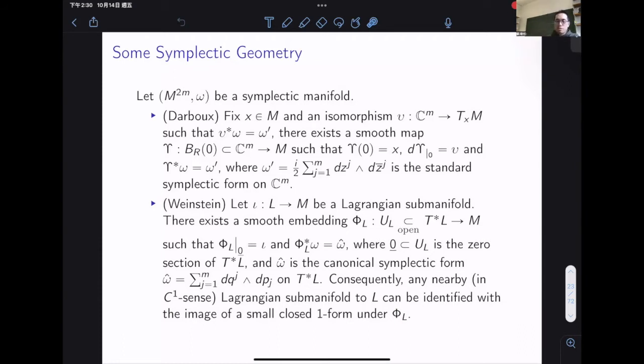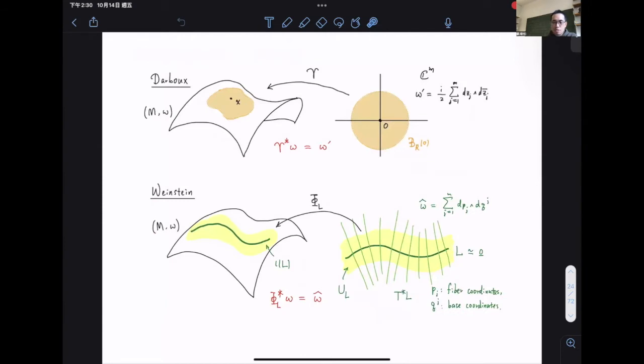Basically, you can identify the nearby Lagrangian submanifold as the graph of a closed one-form over L. This is the picture illustrating the Darboux theorem and the Weinstein theorem.